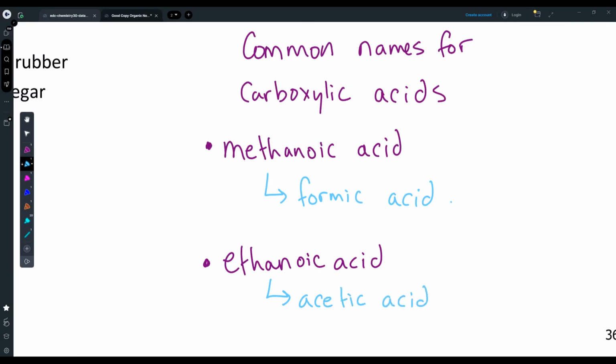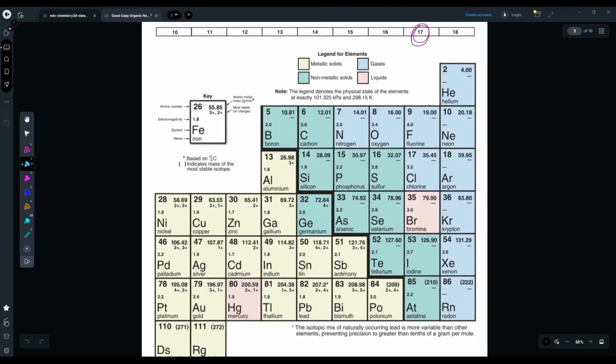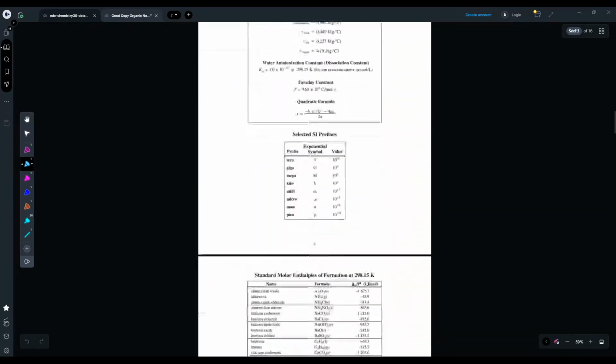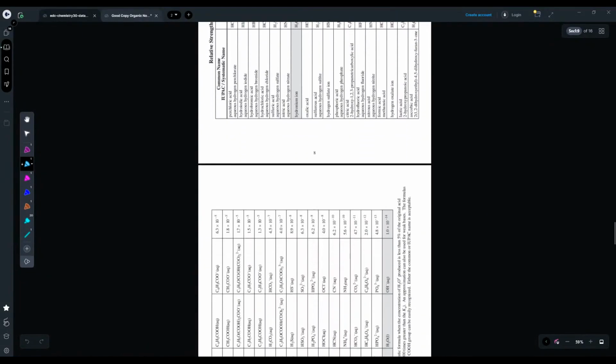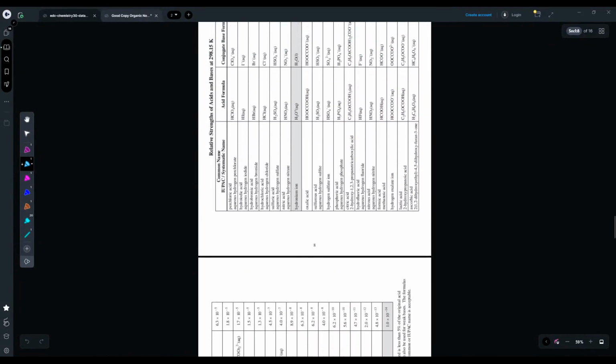If you're wondering if you have to memorize the common names for methanoic acid and ethanoic acid, the answer is no. If you go to your data booklet, page 8 and 9, you'll be able to find them.